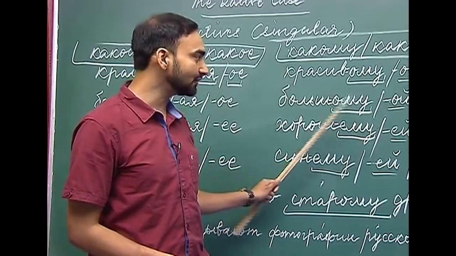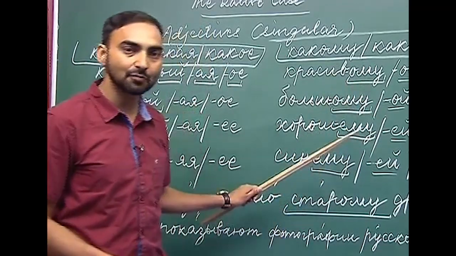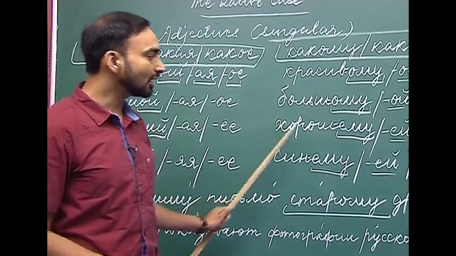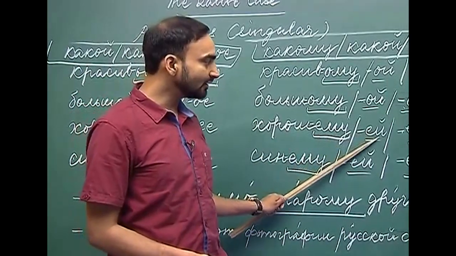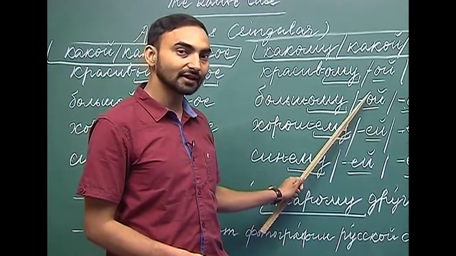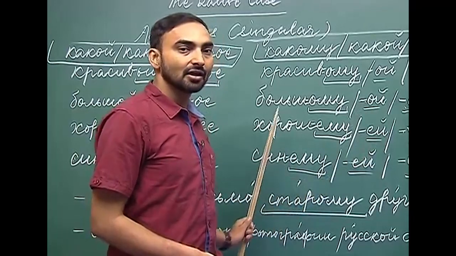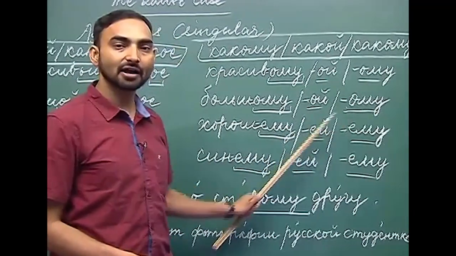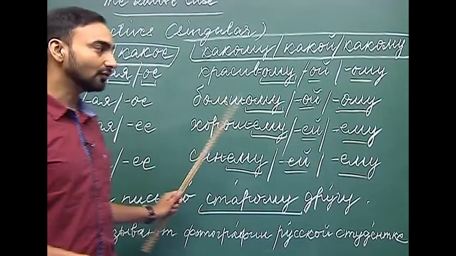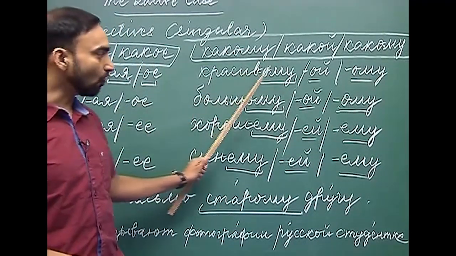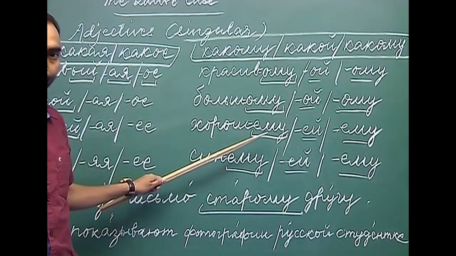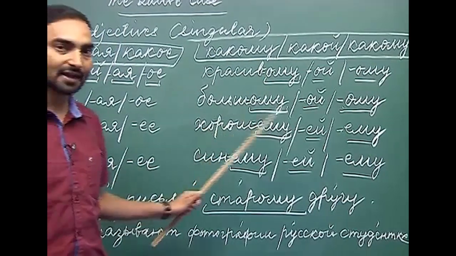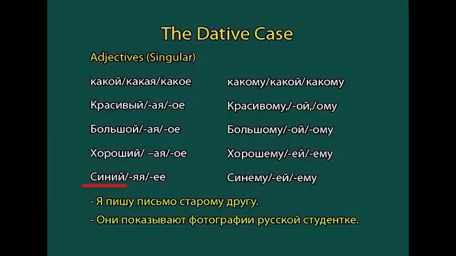So, we are not using omu but yemu here with khoroshi. Khoroshemu, khoroshei feminine and khoroshemu neuter. So, there are two endings, omu and yemu. With khoroshi we are using yemu, not omu.